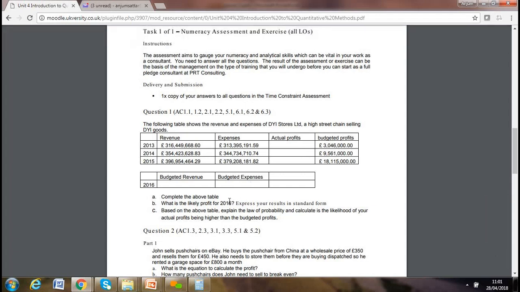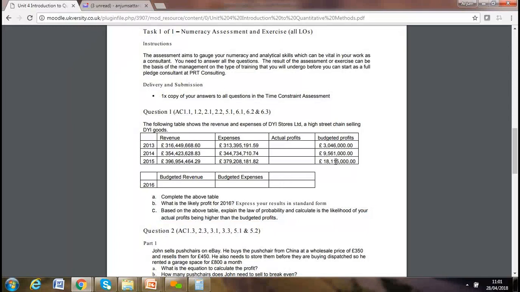Based on the table below, explain the law of probability and calculate the likelihood of your actual profit. So likelihood, what is probability? It means the chance. When I take the difference between this and this, that gives me the actual profit and the expected budgeted profit.